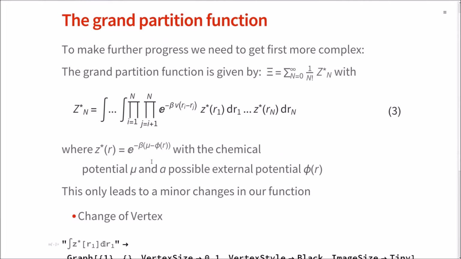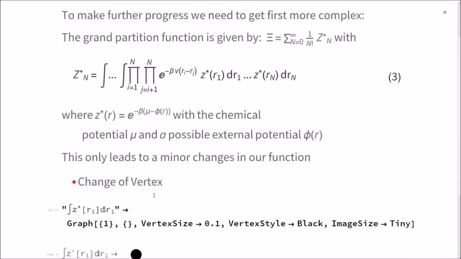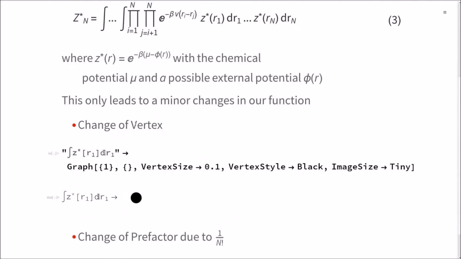And this activity function is nothing else than the exponential of the chemical potential and an external potential. We don't need this external potential here, but it can be generalized, and you can do many more different things than we do here now. By doing this, we don't have to change too much in our function.